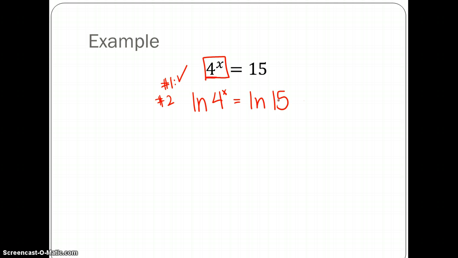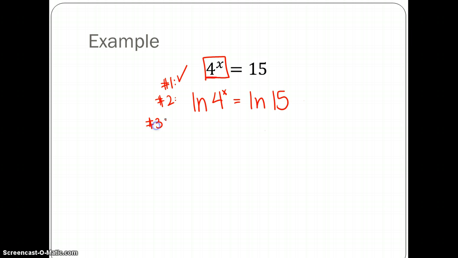The advantage to doing it this way is that we get things that we can easily type into our calculator. If you type in natural log of 15, you're going to get a decimal. It's not going to be a pretty number, but it will be a number. So step 2 was to take the natural log of both sides.